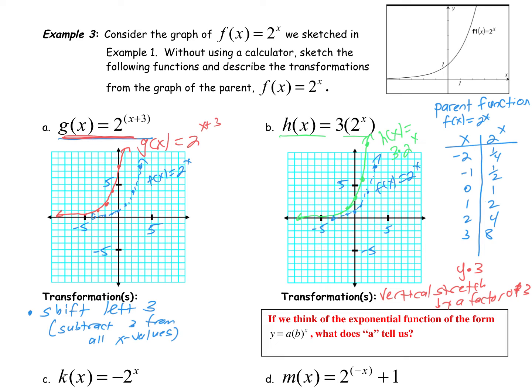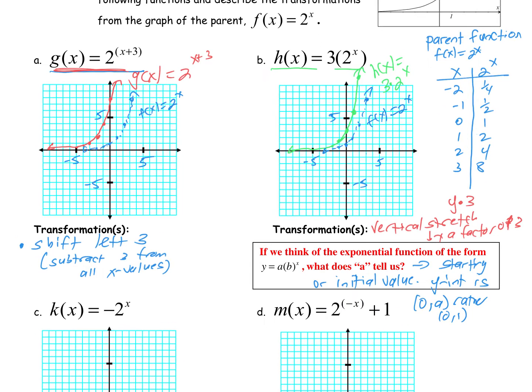So the a value tells us the starting, or sometimes it's called initial value, which is the y value when x is 0. So the y-intercept is 0, comma a, rather than 0, comma 1 for the parent function, which is for y equals b to the x. And that's going to become useful when we do application problems coming up.